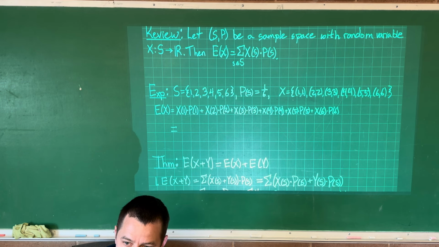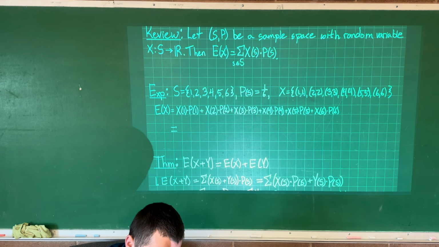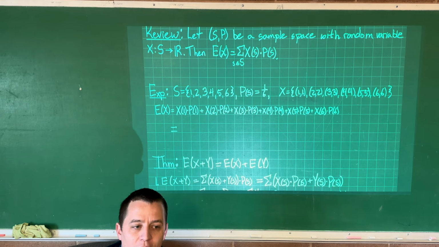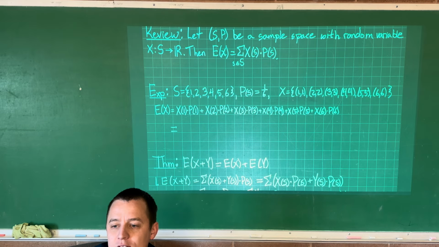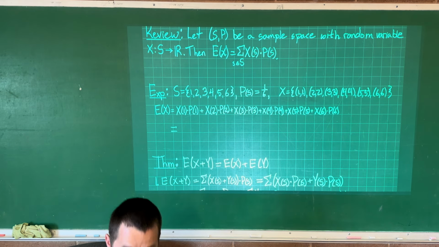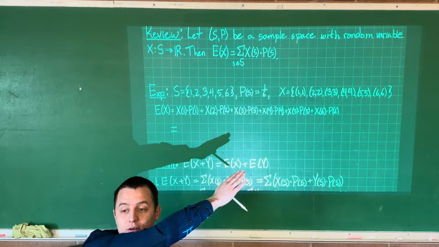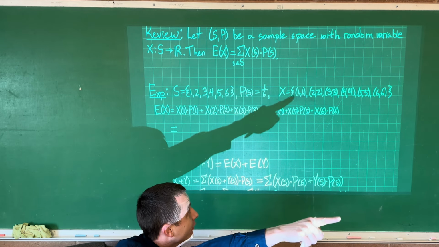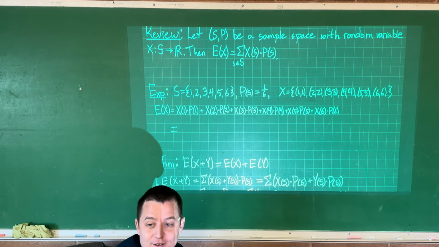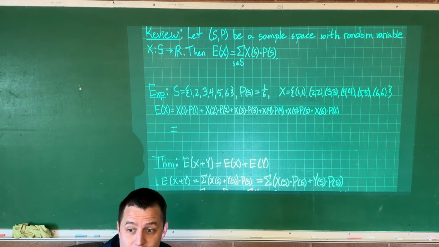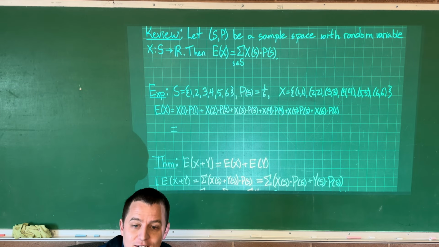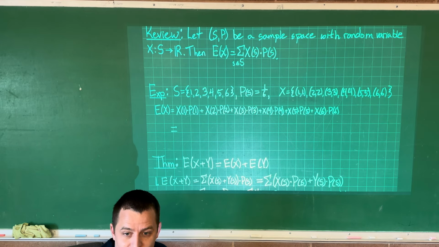With me so far? So let's now actually calculate this. So what is x of 1? When I plug 1 into the function x, what do I get? 1. X just spits out whatever you input. That's all x does. It maps 1 to 1. Am I losing you on this? Kind of.